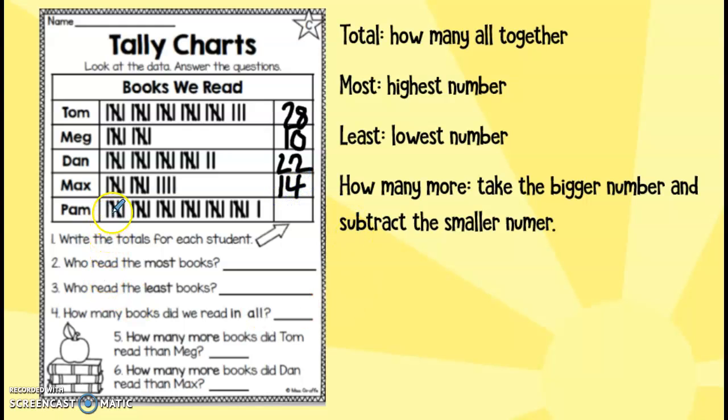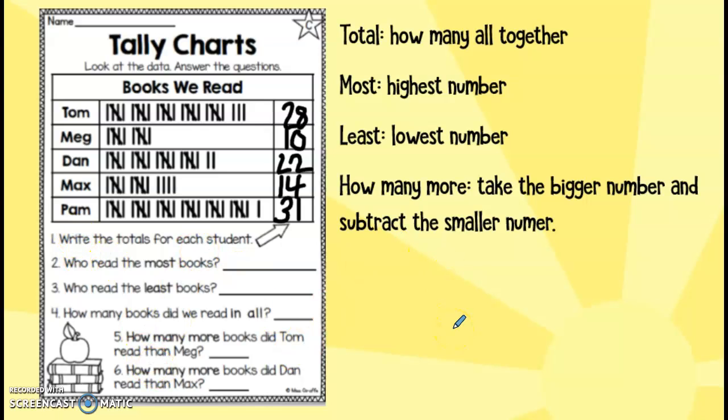And then Pam read 5, 10, 15, 20, 25, 30, 31. Okay, so we just filled out what we know already. This is what we've been learning all week, how to take this information and either count them or show them in tallies. So what we're going to do is the new part, which is answering the bottom half.